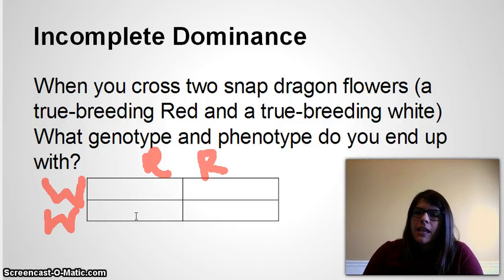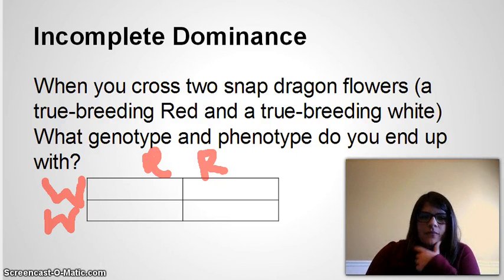In dominant recessive, we had capital letters and lowercase letters. In incomplete dominance, we have a capital letter for one type and a capital letter of a different letter for the other type. So we have an R and a W.